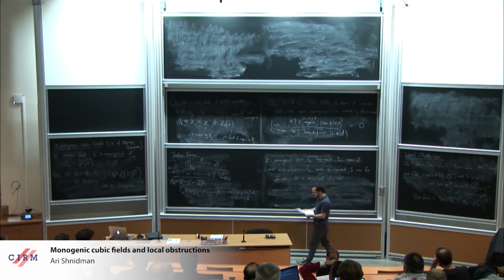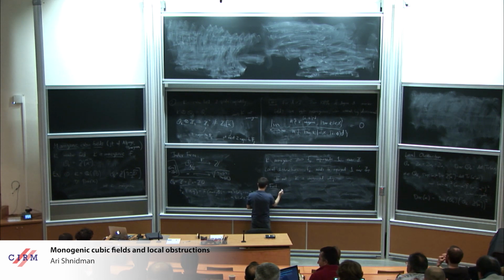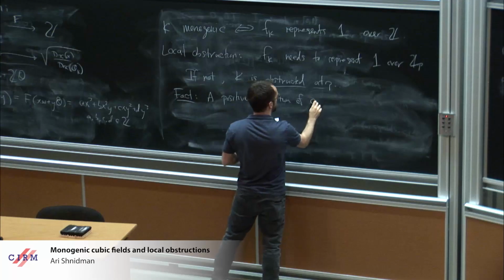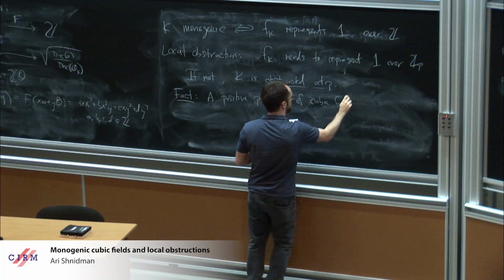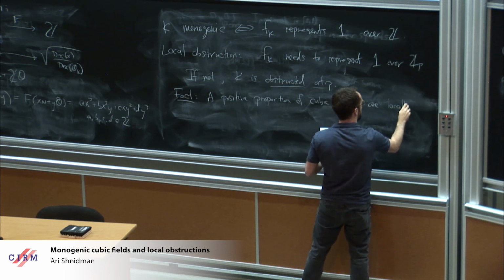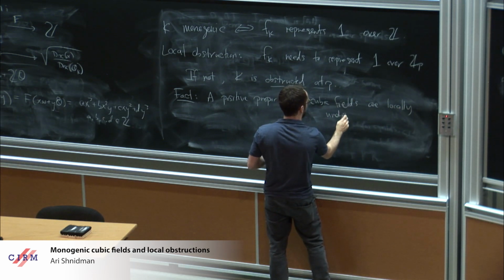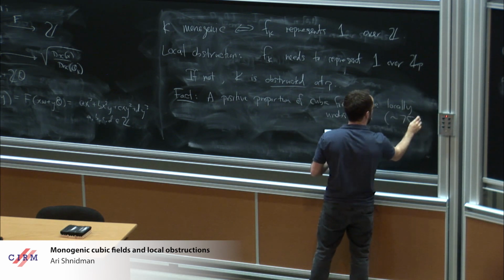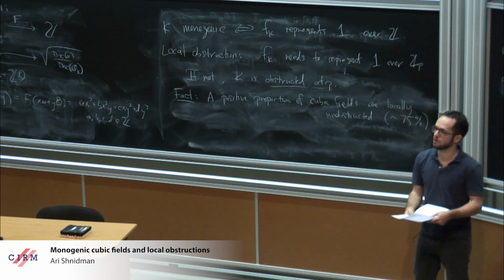And so, given the technology that we have in terms of counting cubic fields, a fact which is not too hard to prove nowadays is that a positive proportion of cubic fields are locally unobstructed. It's about 75% of cubic fields that are locally unobstructed.